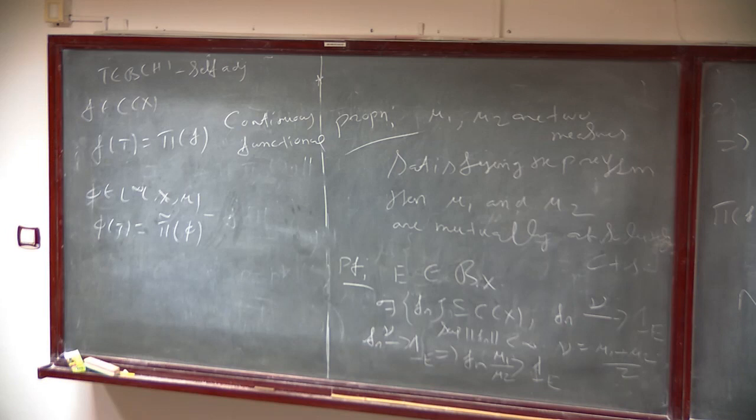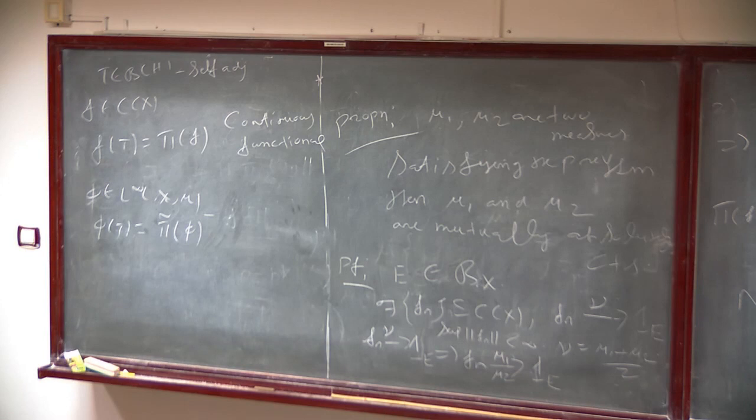If this is the 0 function in L infinity, even though it's not a 0 function pointwise, as an element of L infinity it is a 0 function, then pi is equal to 0. On the other hand, this will imply the other one is also 0. That will imply 1E is a 0 function because this is isometric. So mu2 of E is also 0. It's clear, no?